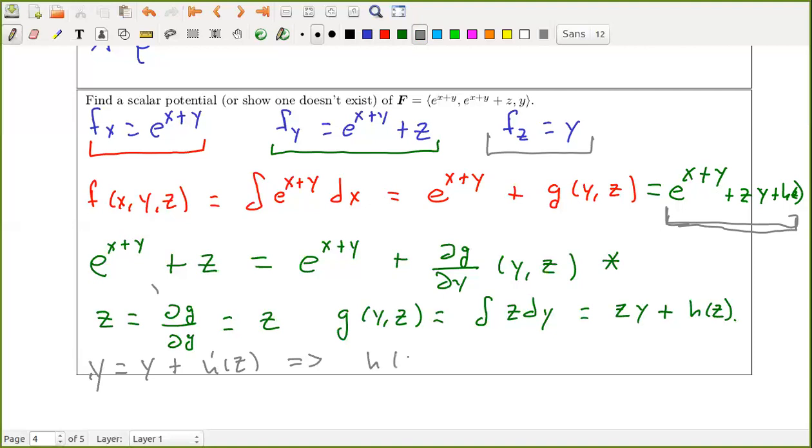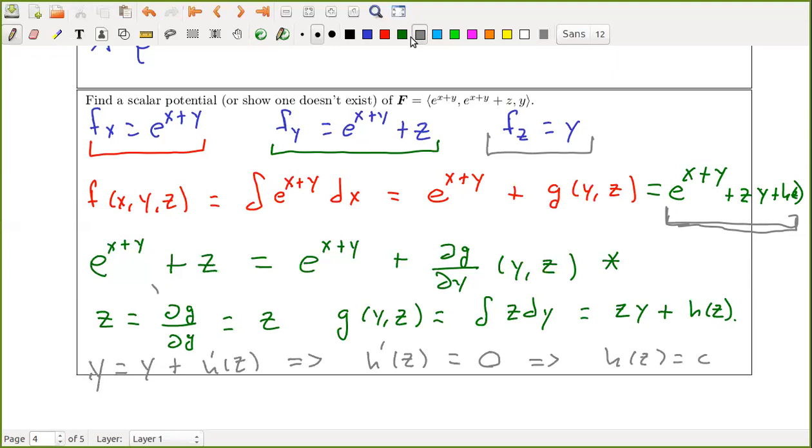So this tells me that h of z is equal to a constant. In other words, what it tells me originally is h prime of z is equal to 0, but this means h of z is equal to a constant.